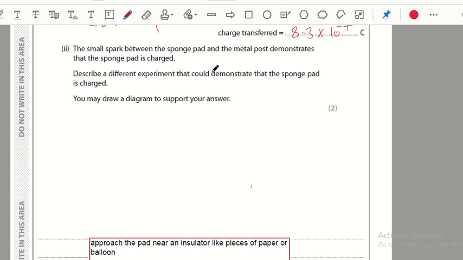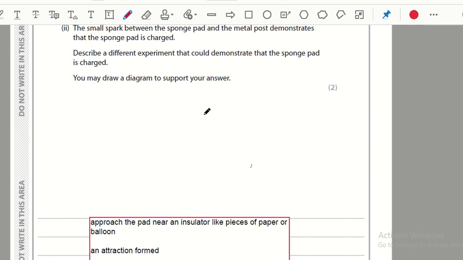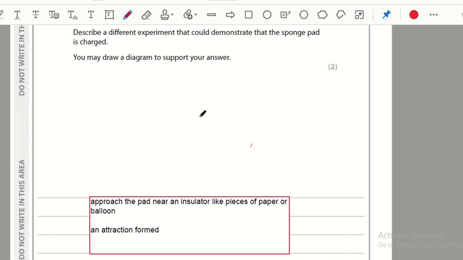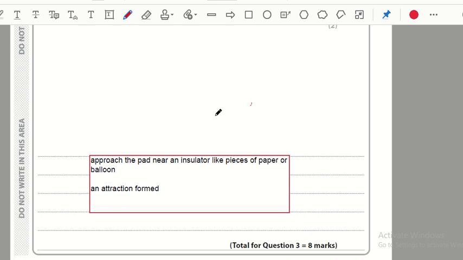Small spark between pad and metal post demonstrates sponge pad is charged. Describe different experiment to demonstrate sponge pad is charged. You may draw a diagram to support your answer.